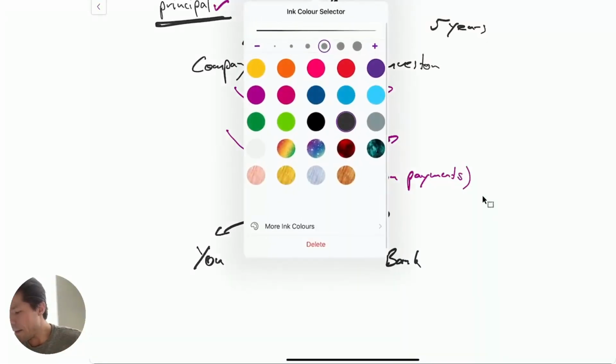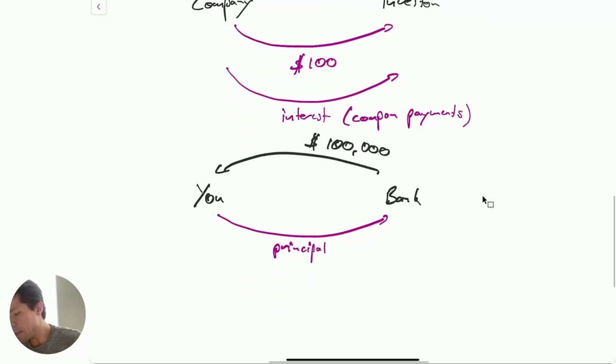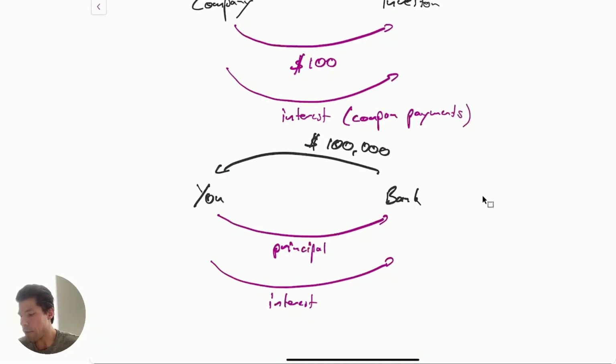Then you ask for a mortgage from the bank, you pay back the principal, and you need to pay some interest as well. Principal, usually you pay every month. You pay down the 100,000 by the end of the lifetime. The 100,000 is paid back, and then the interest is what you pay as a kind of fee to the bank.